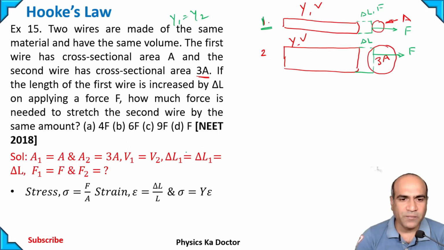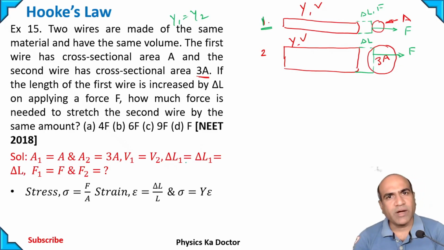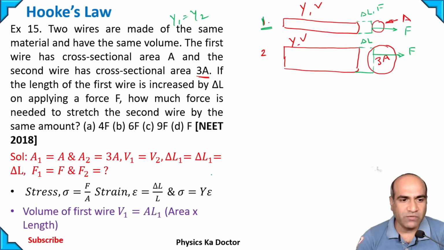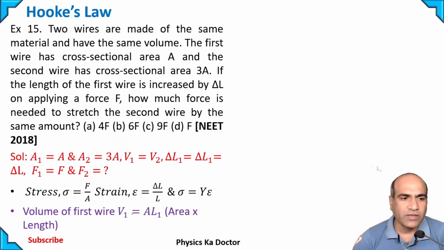Very simple. We know that sigma is equal to F by A, strain is equal to delta L by L, and sigma is equal to Y times strain. That equation we know very well. And for volume, V1 is equal to area multiplied by L1.